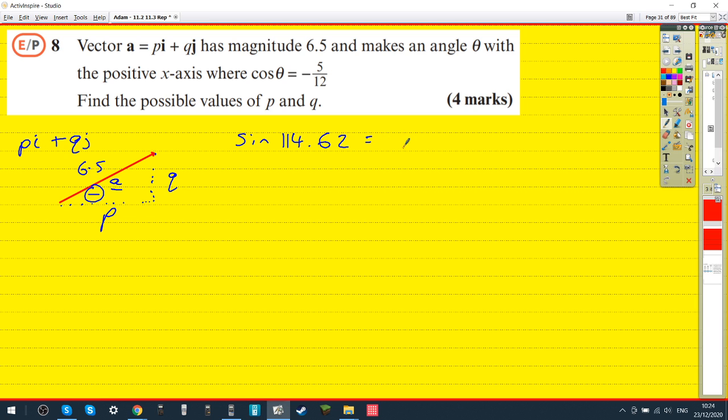And then it'd be Q. Is the opposite always opposite the angle, right? Yeah, that's what they mean, the side that's opposite the angle. So it'd be sine of 114.624 equals Q over 6.5.